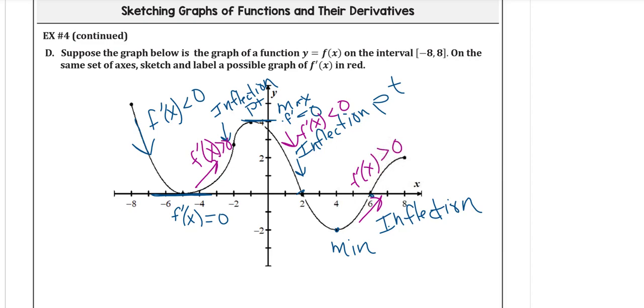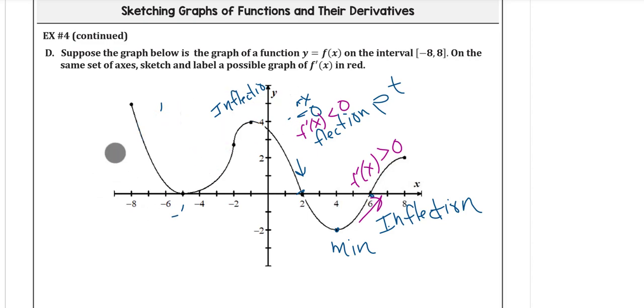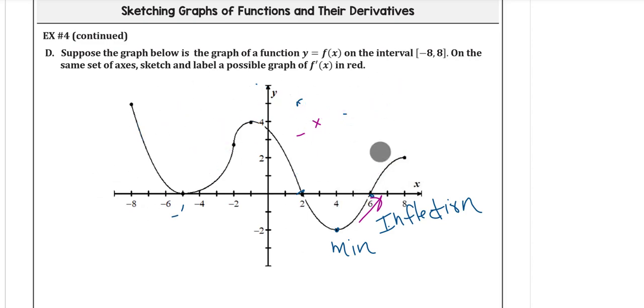Okay, so putting this all together, here is what we're going to have. Now I'm going to erase all this, and I'm going to fill in the important features again as I draw it. So that's my rationale for drawing the derivative the way I'm going to draw it. So using a red pencil, as it says, I know that here I'm going to have a 0. This is still going to be a 0.